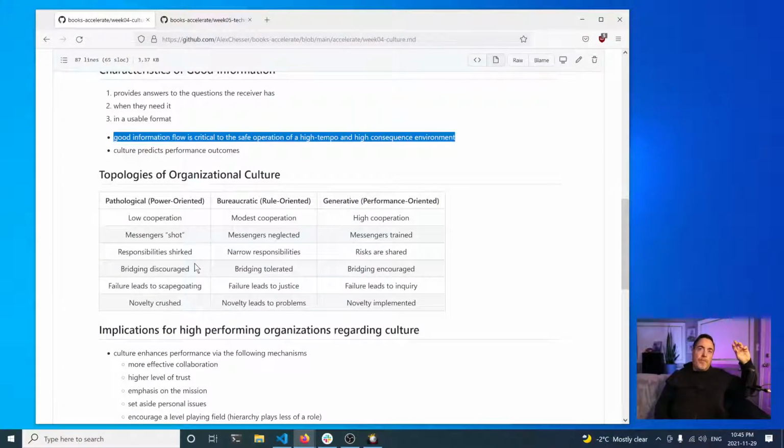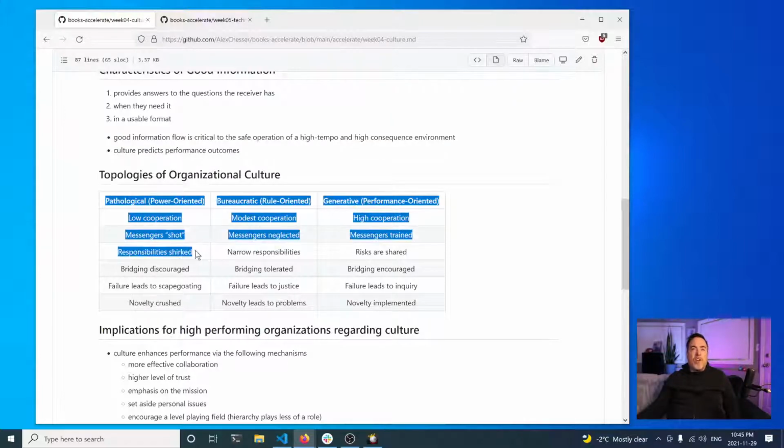So say that again. We've got information predicts performance, culture predicts information, and culture therefore predicts performance. So we can look at some of the markers in this chart here.